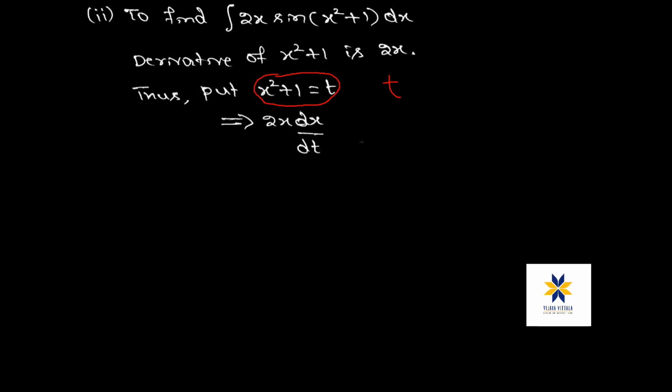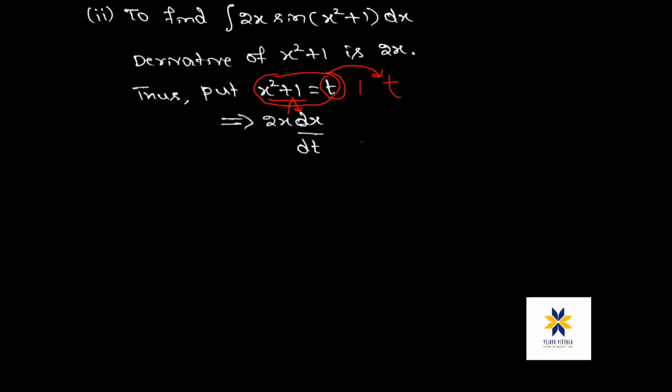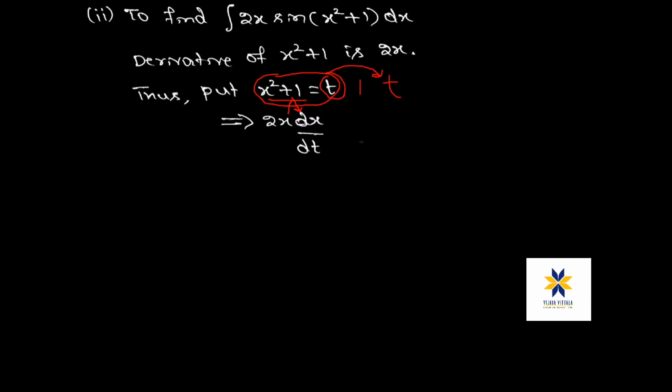Therefore, differentiation of x square plus 1 will be 2x into dx by dt by using the chain rule is equal to, when we differentiate t with respect to t, the answer will be 1, because differentiation of x with respect to x will be 1. In the same way, when you differentiate t with respect to t, the answer will be 1.